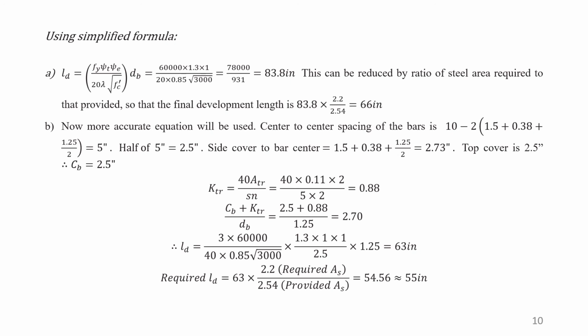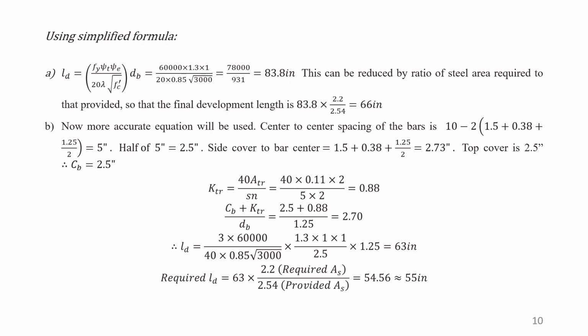Now in the KTR equation, earlier we have discussed this equation. We have to find out KTR. 40 is 40, ATR is the area of transverse reinforcement. The stirrups are called transverse reinforcement. These vertical rings have two names: one is the transverse reinforcement, another is the stirrup, and here it is used as transverse reinforcement.